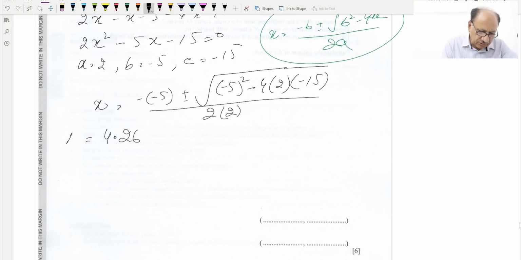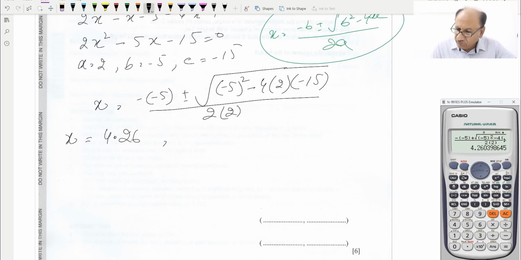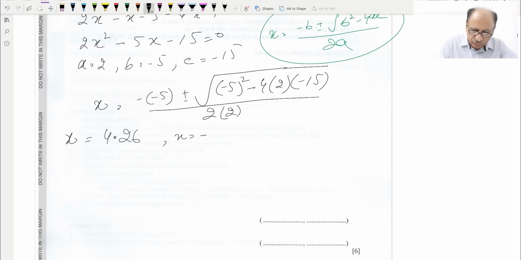Yes, so we can take x value as this one, and the second x value will be when we replace this plus by minus over here, and this value is minus 1.76. So x is equal to minus 1.76. These are the two values, which we can write over here, 4.26 we got, and minus 1.76 also we got.